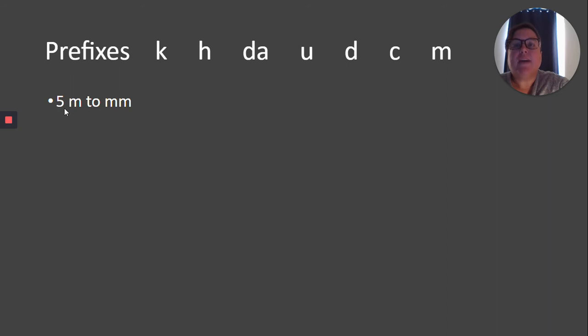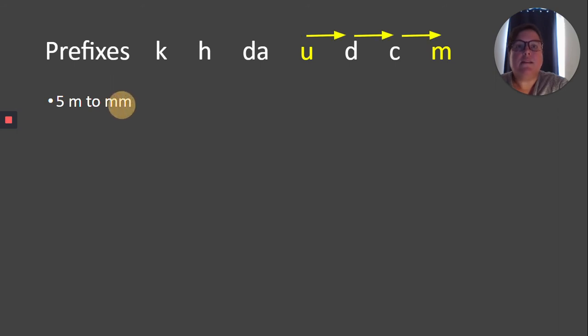So first we have 5 meters to millimeters. Notice that it's starting off with no prefix. If it's starting off with no prefix, no letter in front of the unit, then that is your base unit. We're trying to get it to millimeters, so that means we're trying to get to the M. So the M up here is a prefix. It has to be followed by another letter in your unit in order to be used. So then how many places over is the M from the U?